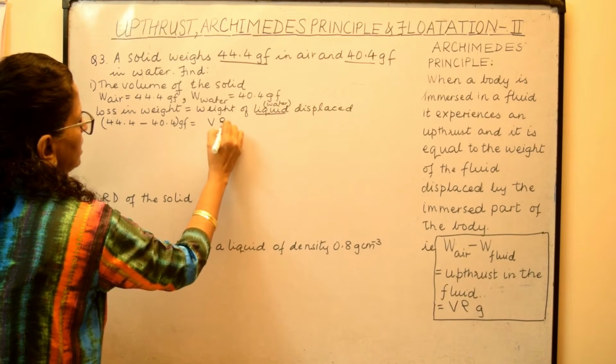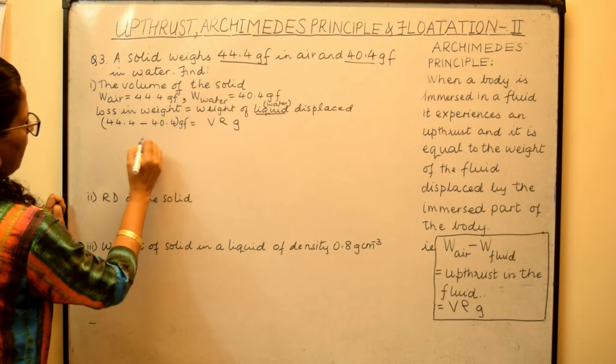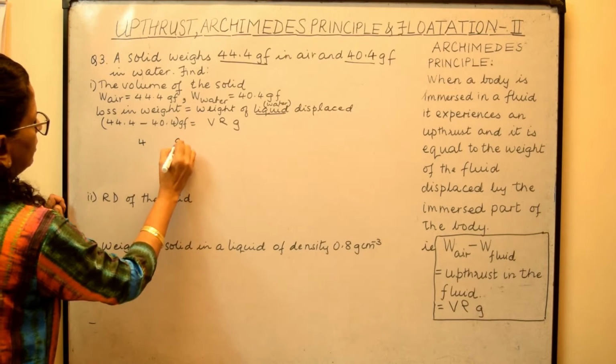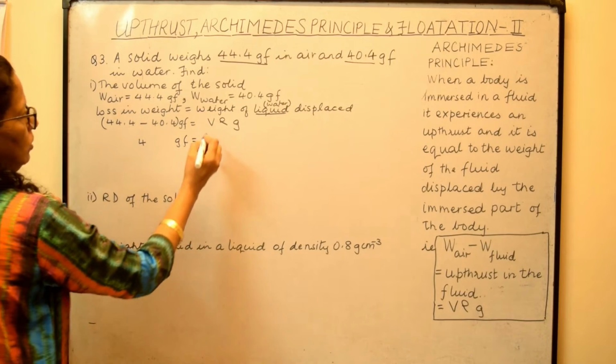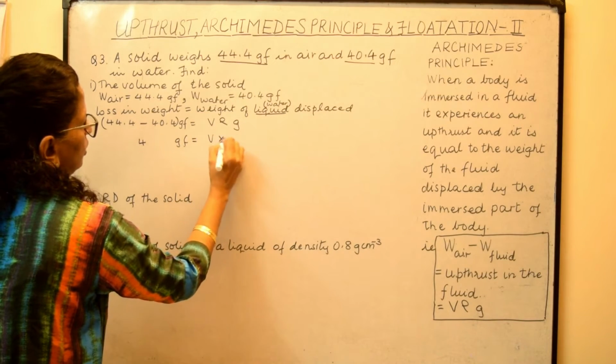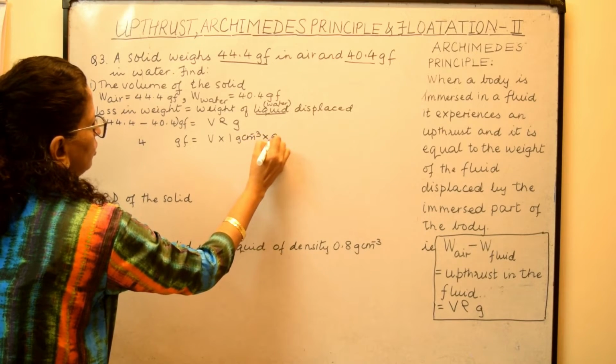I'll simply call it as V rho g. This comes out to be 4 gf, and that is equal to V into 1 gram per centimeter cube into g.